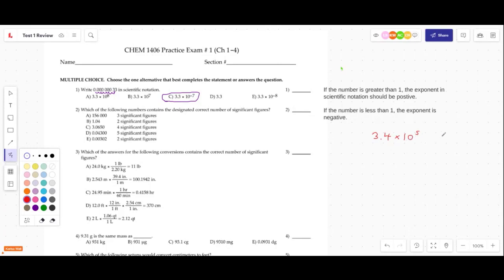I know that because this is a positive exponent, I'm going to want to shift this in such a way that allows me to get a number greater than 1. Well, I can't shift this way because then that will be less than 1. I have to shift it the other way.